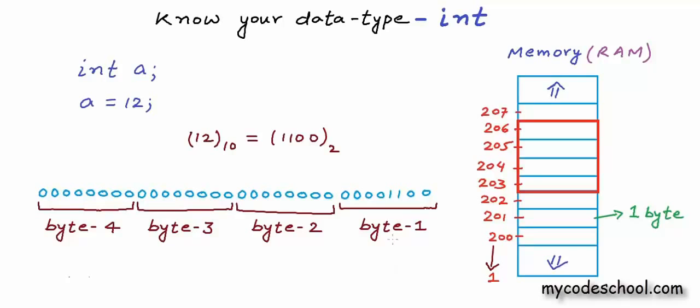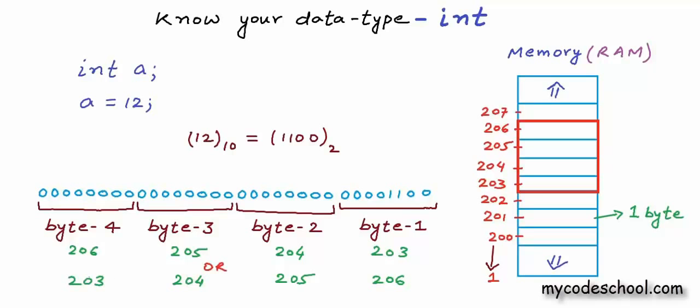Where do you think byte 1 should go? Well, byte 1 can go to the smallest address, that is 203, and then byte 2 can go to 204, byte 3 can go to 205, and byte 4 can go to 206. Or it can be the other way. Byte 1 can go to 206, byte 2 can go to 205, byte 3 can go to 204, and byte 4 can go to 203.